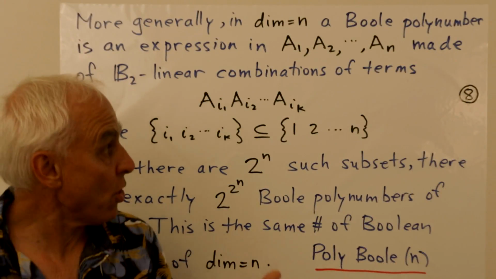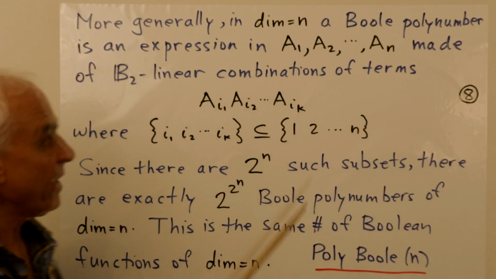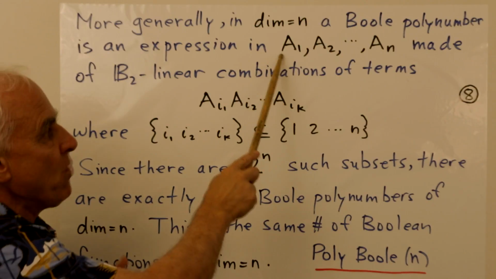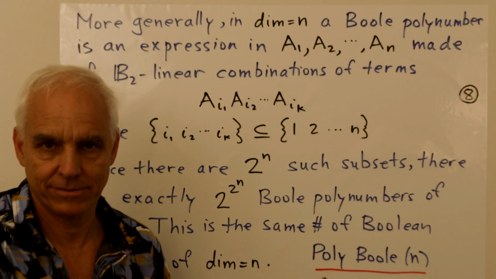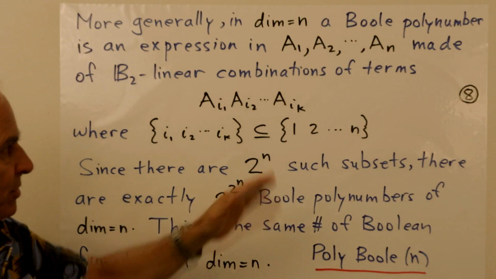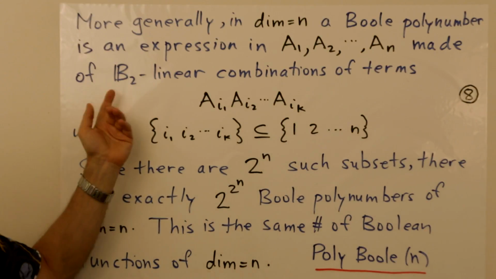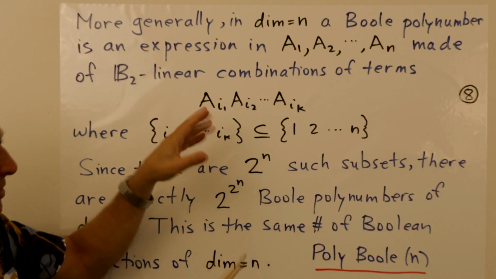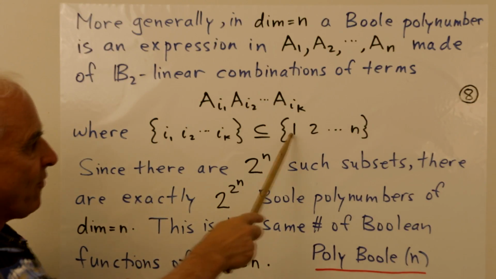Okay, so if we wanted to go to n dimensions, then a Boole polynumber, probably better to be an expression in, say, a1, a2 up to an. Instead of a, b, c, we'll use this. And then it's made of linear combinations of, well, terms corresponding to sort of choosing subsets of 1 through n.